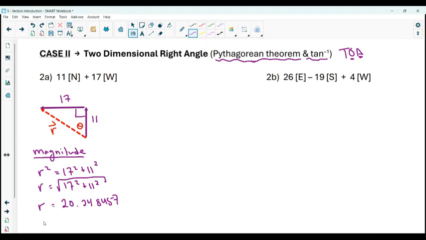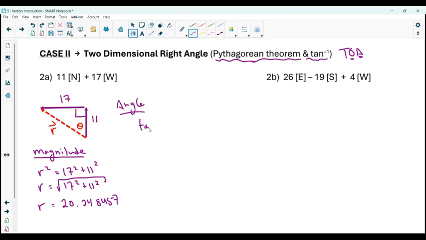Now let's round it off for significant digits. Well, we'll do that at the end, actually. I want to do the angle first. So we got magnitude. Now let's do the angle. And for the angle, I'm going to say, okay, I'm looking at this right here, right? And I notice I know the opposite side and I know the adjacent side. So opposite and adjacent means tan ratio.